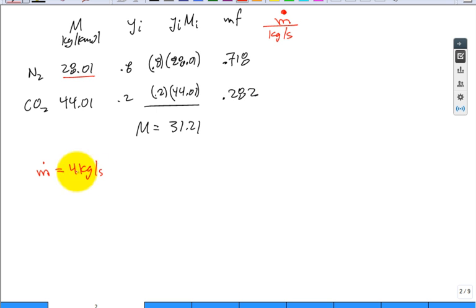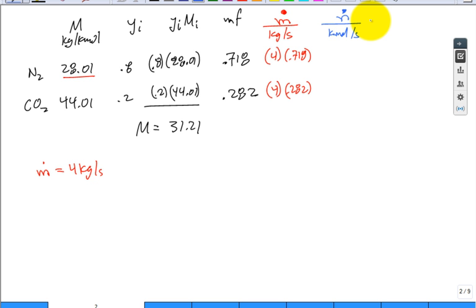Wouldn't that be 4 times 0.718? Sure. And then the other one would be 4 times 0.282. Okay, so you could calculate those as numbers. I have them on my sheet of paper, but it'd take me a minute to find them.